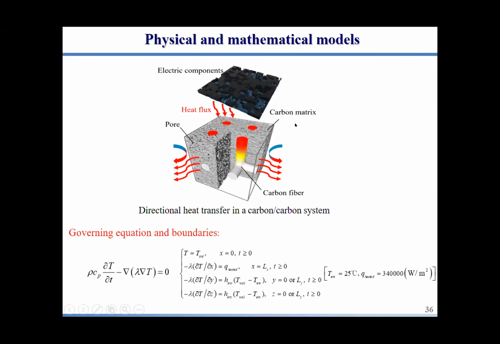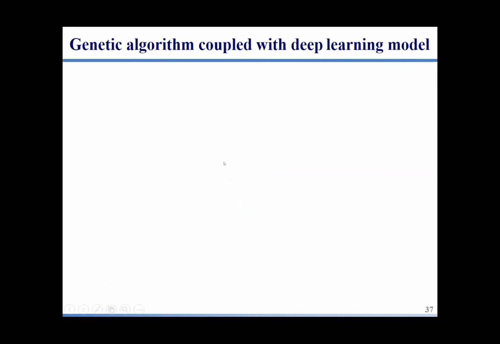Inside these fibers, the diameters or fiber structures can be regulated. What we want to do is to cool this electrical component effectively to reduce its surface temperature. So we need to design these porous structures to regulate the heat flow.